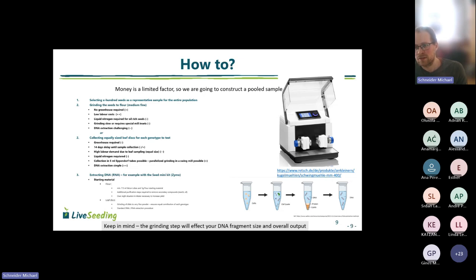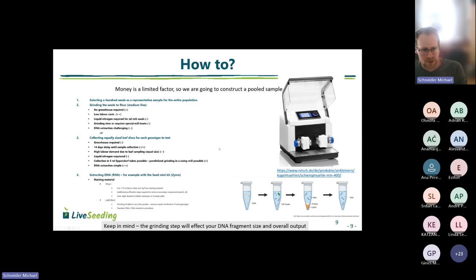When you grind this material for, let's say, 10 minutes, you will end up with very, very short DNA fragments, which are usually not very helpful. And probably the sequencing company will also reject the sample due to this issue.